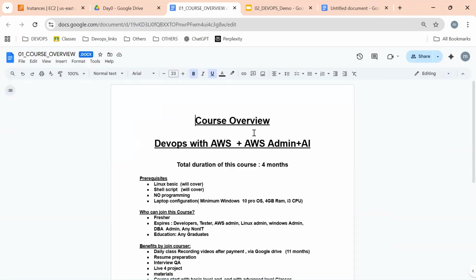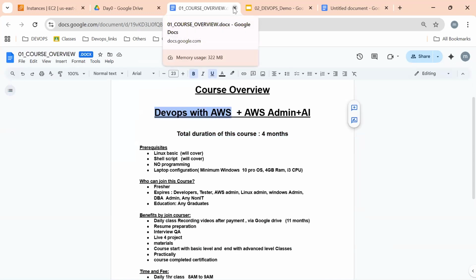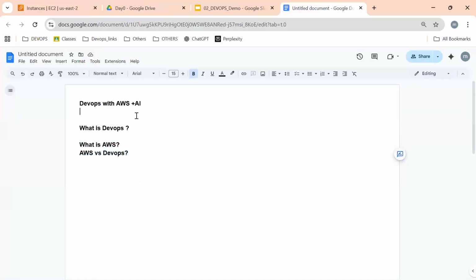The total duration of this course is 4 months. In this course, we are going to be learning complete DevOps with AWS, AWS administration, as well as Azure also.